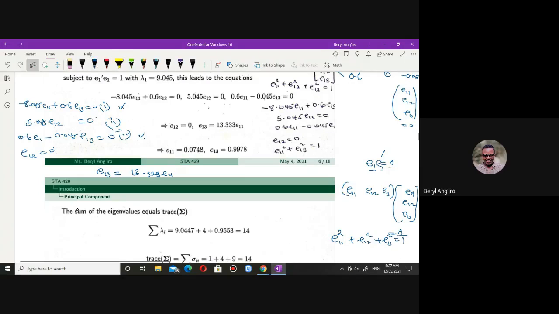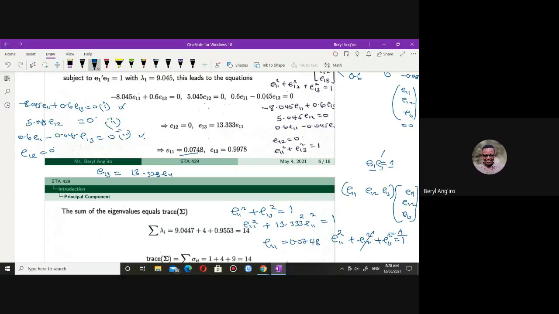From here we have that E13 is 13.333 E11, and we know that E12 is 0. So we have E11 squared plus E13 squared equals 1, that is E11 squared plus (13.333 E11) squared equals 1. Then from here we can get the value of E11.